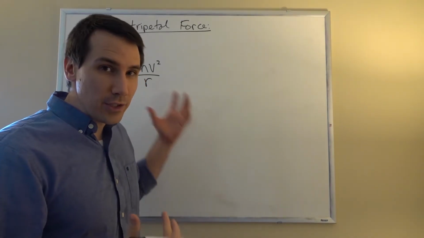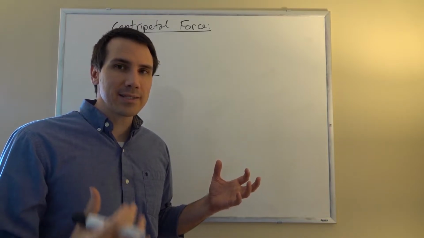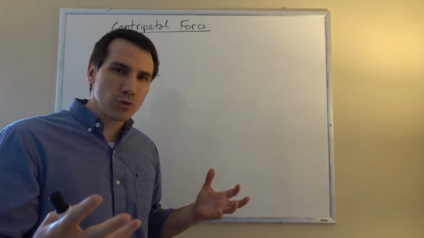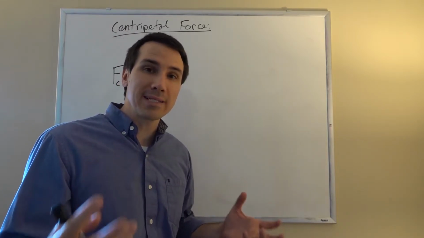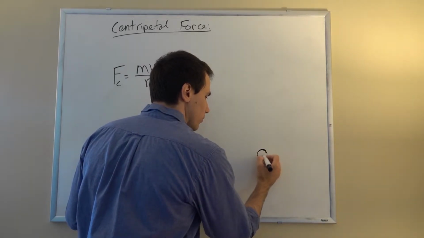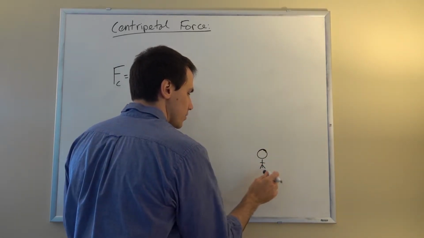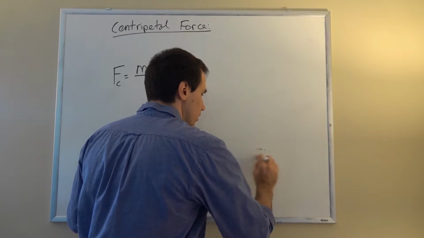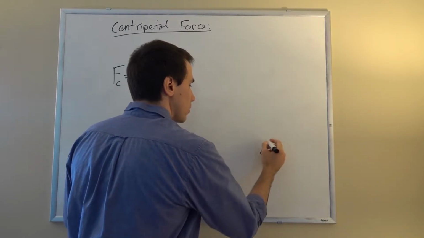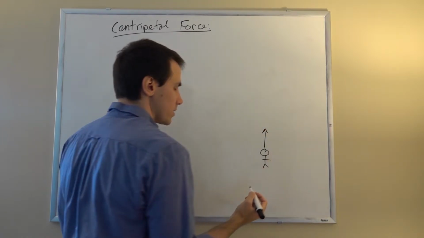Now that we've checked the units of our equation, let's see if we can check the intuition of the equation to see if it makes sense physically. Let's imagine that I want you to run in a circle. You are going to run with some velocity.